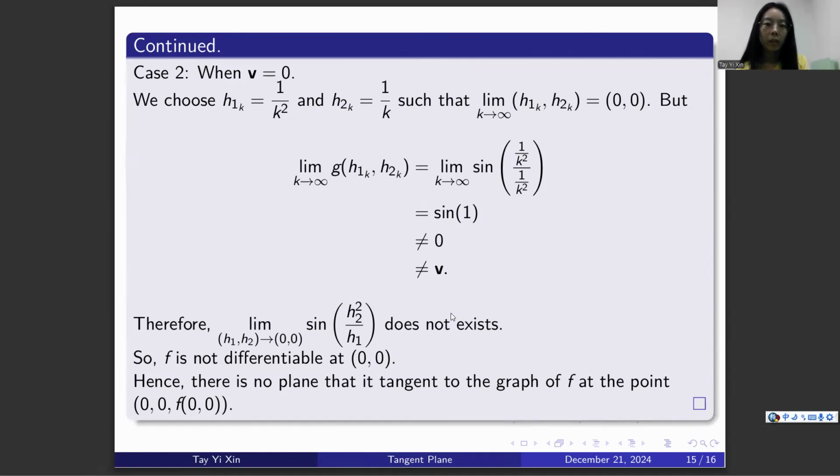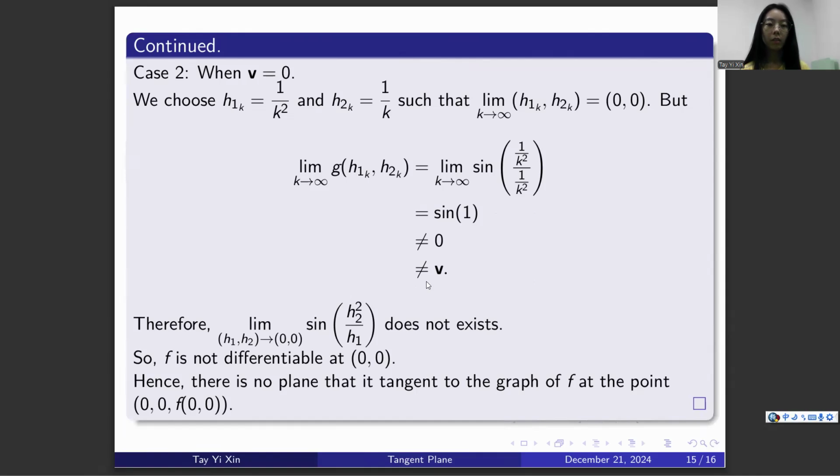But when we find the limit of g(h1k, h2k) as k approaches infinity, we find that it is sine 1, which is not equal to 0, and so not equal to the vector v. Therefore, the limit as (h1, h2) approaches 0 of sine h2 squared over h1 does not exist.